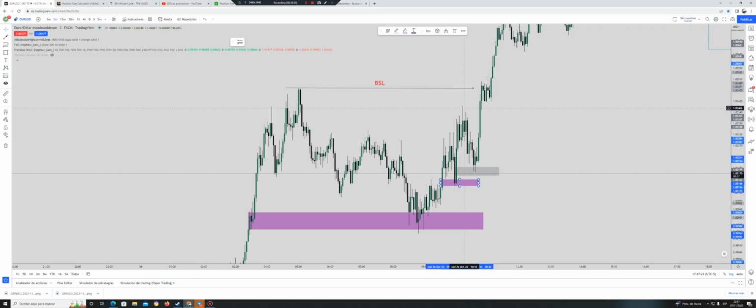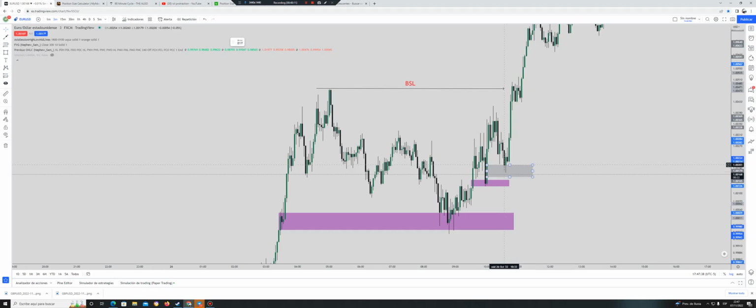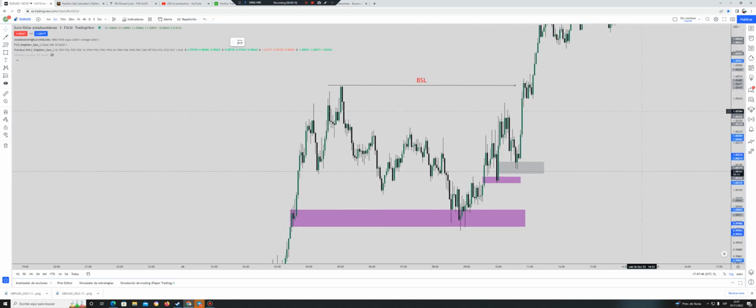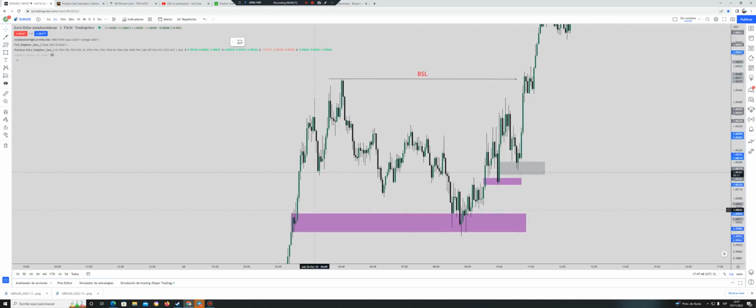Now if you want to wait for confirmation, you can wait for price to come to this big order block, whatever you want to call it. In the seconds time frame you will see a fair value gap here, order block, and then 8:30 another buy to take that sell side liquidity. And this is the second way to trade the last cycle of New York.